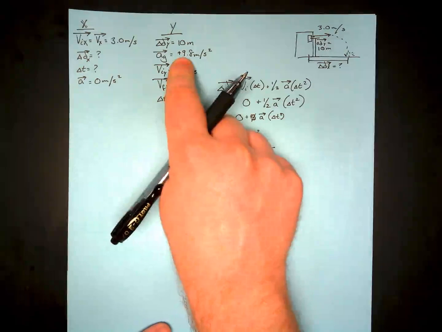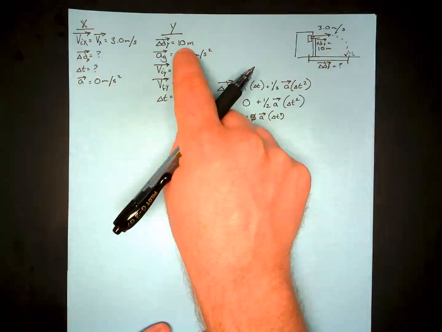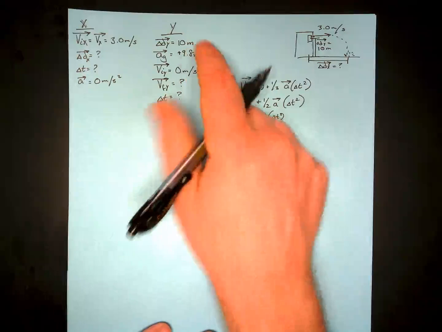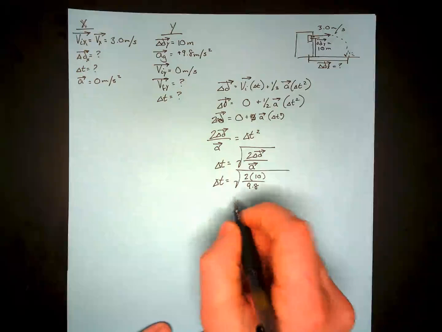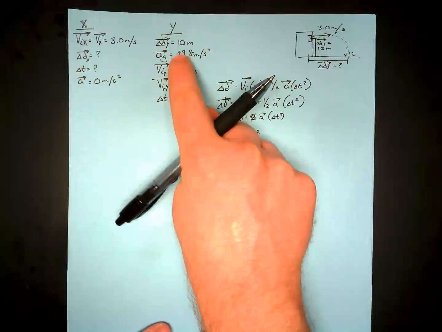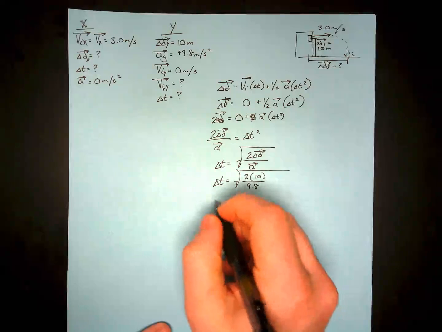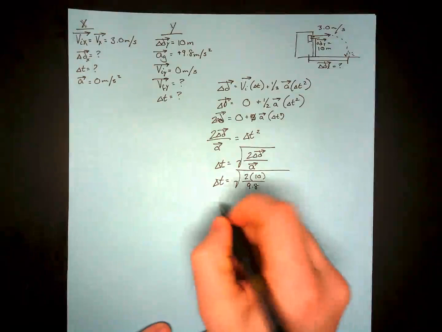If we were to make this negative, we would also make 10 negative because it's moving down, which is typically associated with a negative direction, and it would end up positive anyway. So we're just going to forget about this. But this will come in handy when we get into actual projectile motion at an angle.